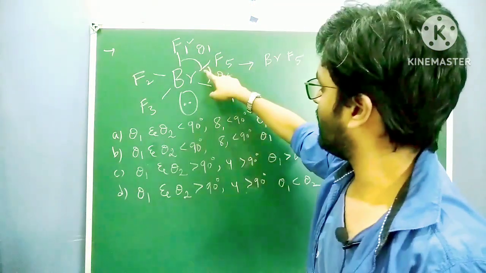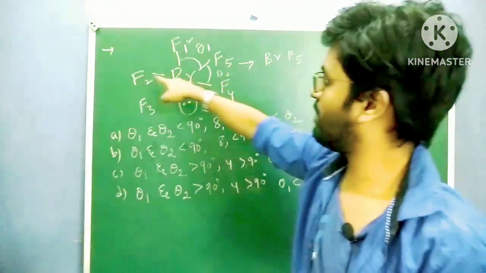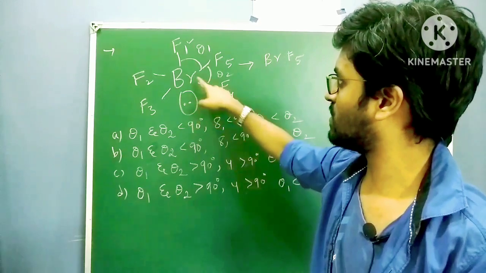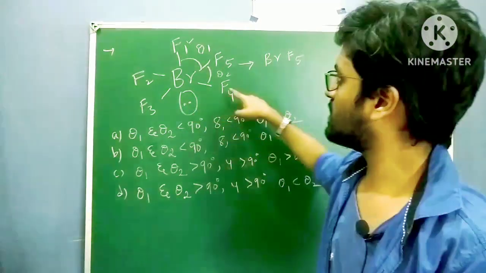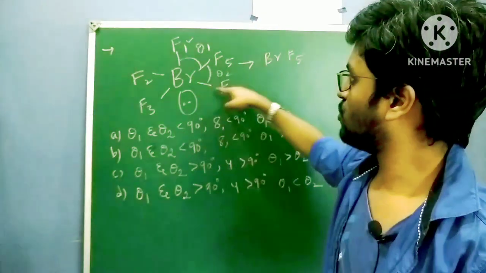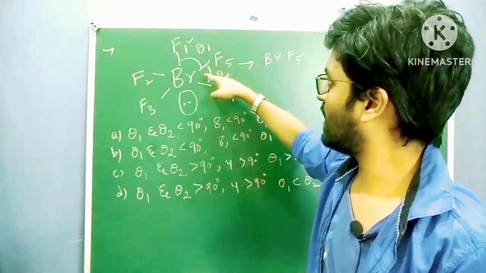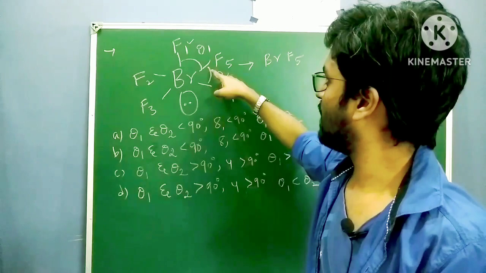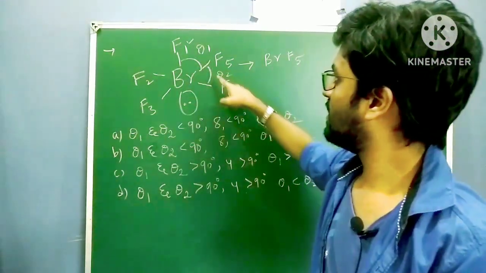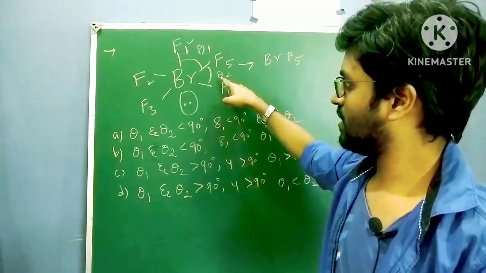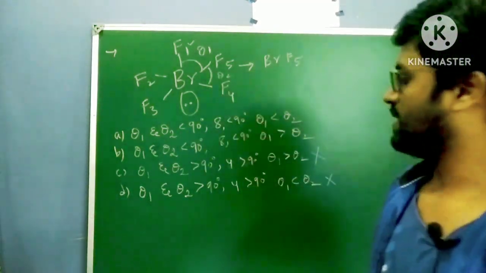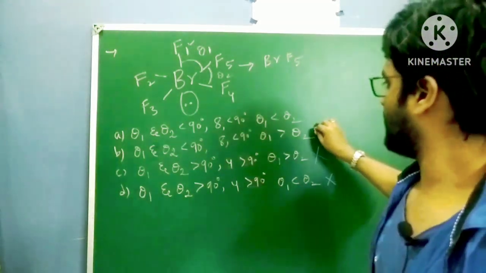In the same way, to decrease the repulsion, the fluorine atoms move away, so the bond angle between F1 and F5 like that will increase, and the other bond angle will decrease. Because of that, theta 1 is greater than theta 2.